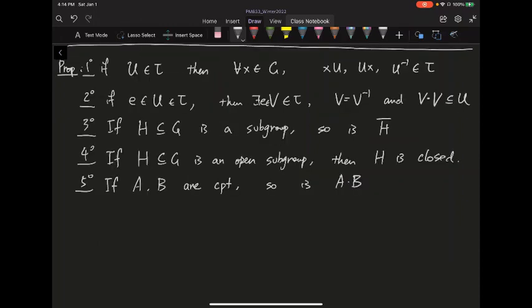Now let's briefly go over some basic properties of a topological group. Okay, so first of all, if you have some open set, let's call it U, and you pick any x inside G, then the first property basically says you can translate this U left or right, or you can take its inverse, and they're still open.